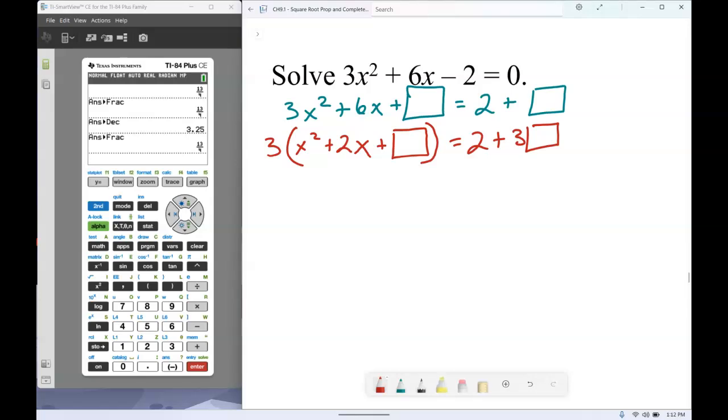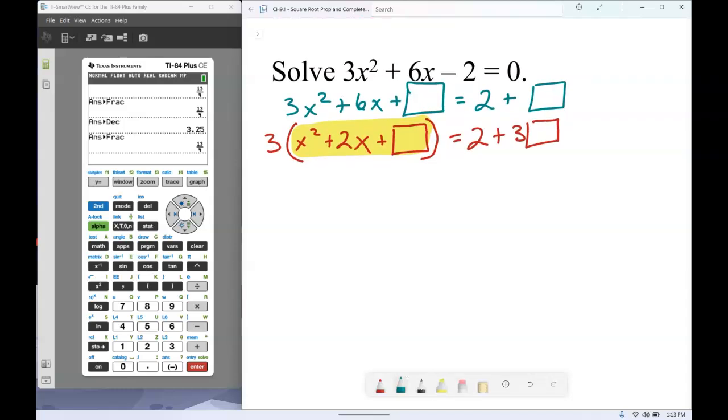Yep. And we're focusing on, I don't know why it's not letting me. We're focusing on this quadratic now. Okay. So what's the b value after I factor out the 3? 2. So b over 2 squared is 2 over 2. Yep. So we put a 1 in both of those.